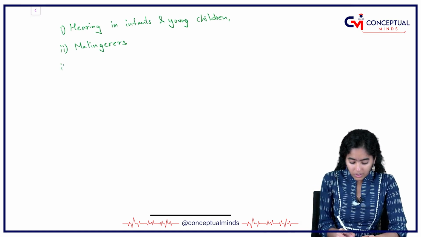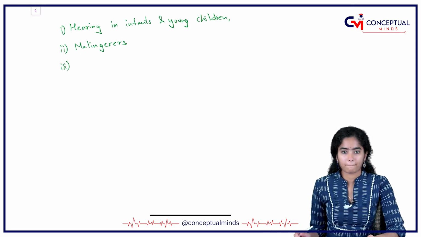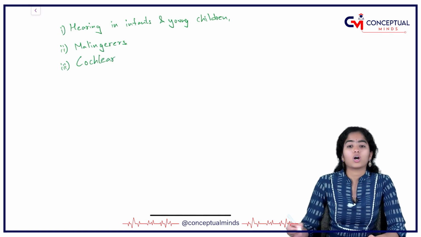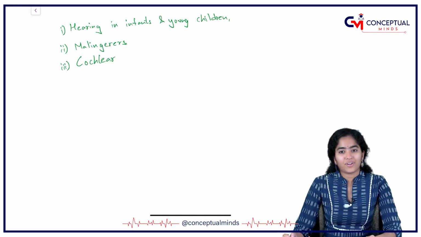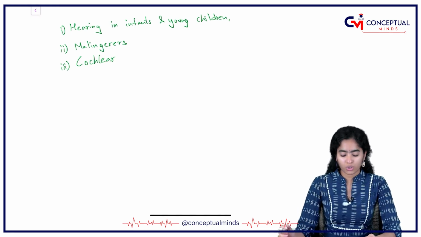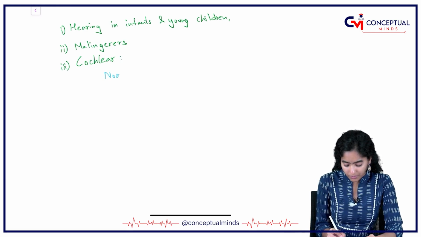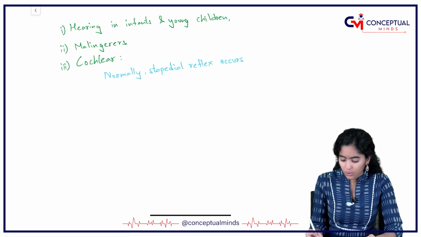Third use is that it can detect a cochlear lesion, a cochlear pathology. How? Normally, the stapedial reflex occurs at sounds equal to or above 70 decibels.